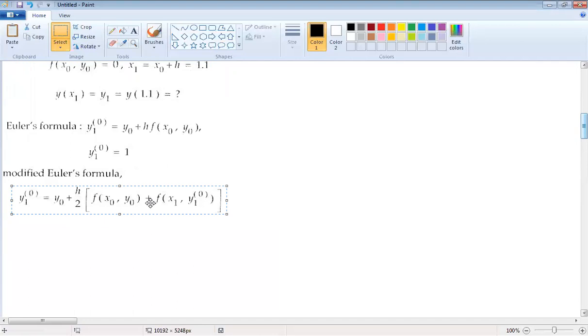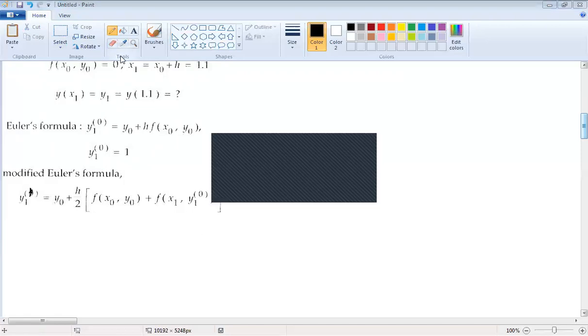The formula is y naught plus h by 2 times f of x naught comma y naught plus f of x1 comma y1 of 0. Okay, so let's substitute the values, replacing x by x1.